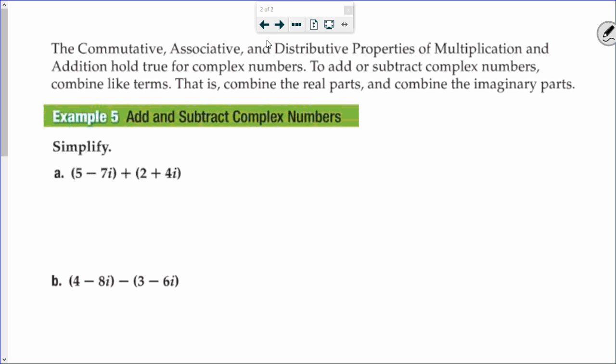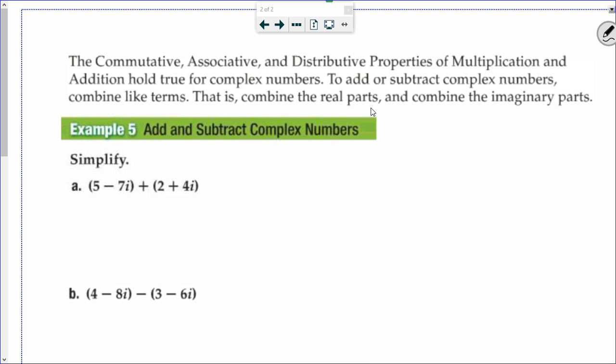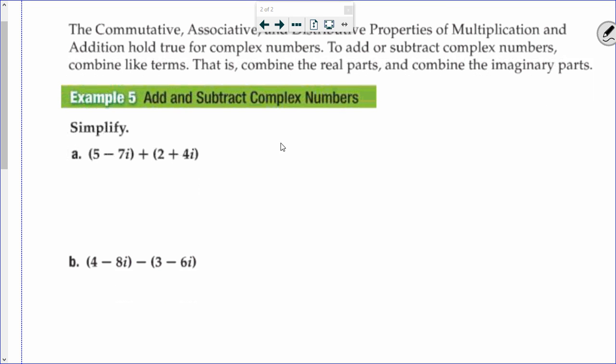The commutative, associative, and distributive properties of multiplication and addition hold true for complex numbers. To add or subtract complex numbers, combine like terms. That is, combine the real parts and combine the imaginary parts. So, to add, 5 minus 7i plus 2 plus 4i.